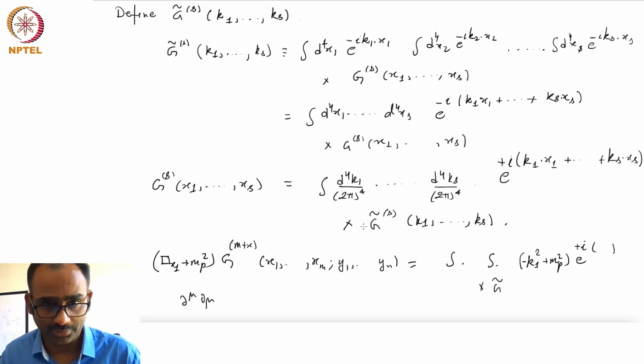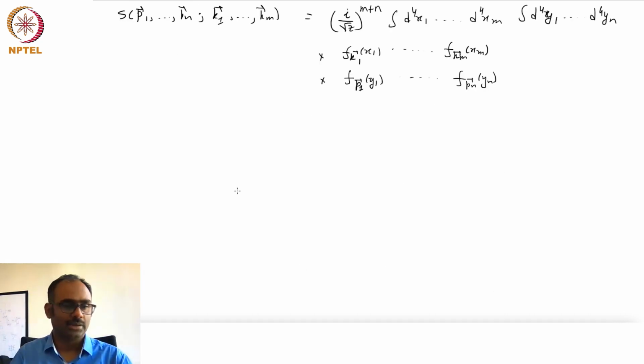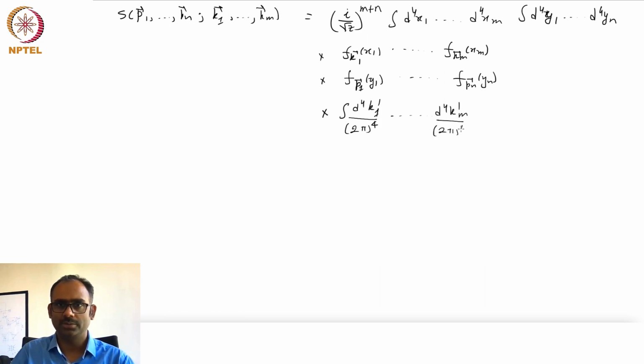For y_n I will write p_n prime. So, you will get the following, this times d^4k_1 prime over (2π)^4, d^4k_m prime over (2π)^4.